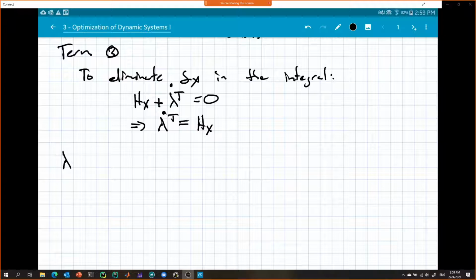I probably should have said this before because it would have been easier to speak. But we call lambda the costates.